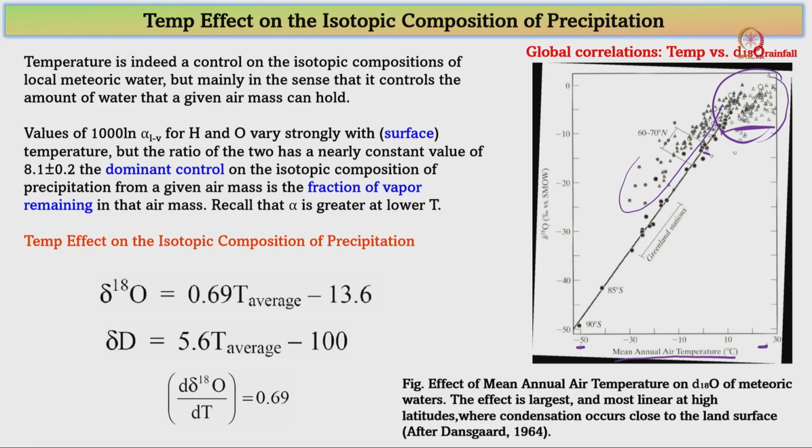But in most of the higher latitudes, in most of the higher altitudes and in the colder areas of the planet, we see that there is a very good correlation between the temperature and the delta 18O values.